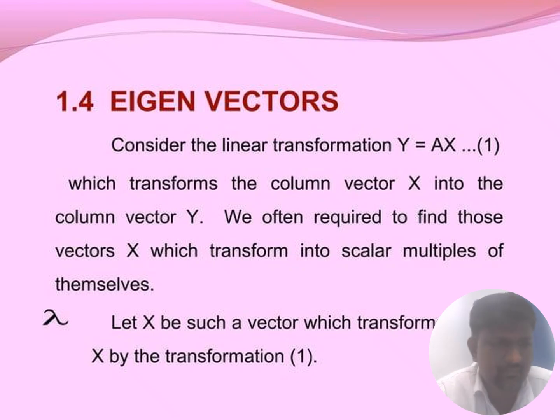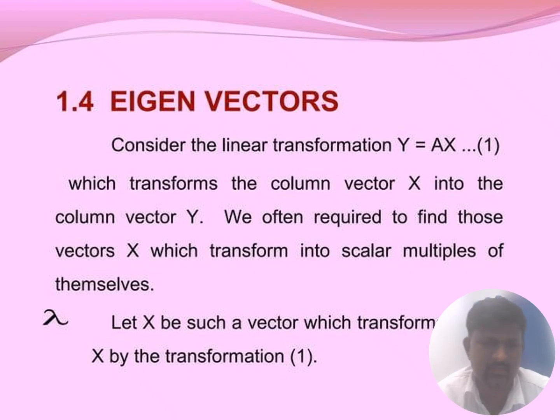Next, eigenvectors. Consider the linear transformation Y equals AX, which transforms the column vector X into the column vector Y. We often require to find those vectors X which transform into scalar multiples of themselves.